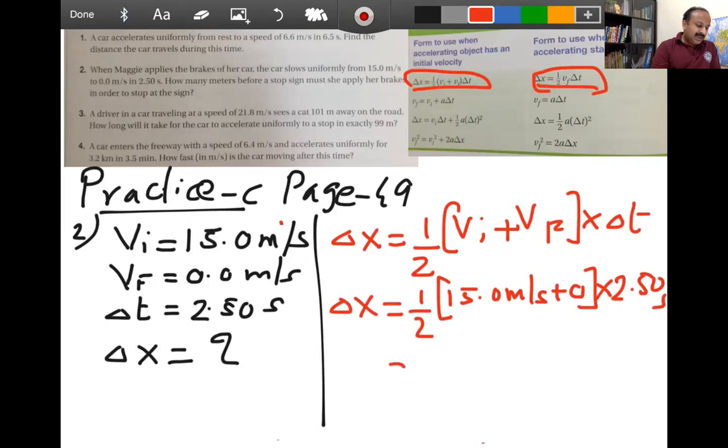So this is going to be 15 by 2 times 2.5. 15 by 2 is 7.5, 7.5 times 2.50. So your answer is going to be 18.75 meters, and you can round this to 18.8 meters.